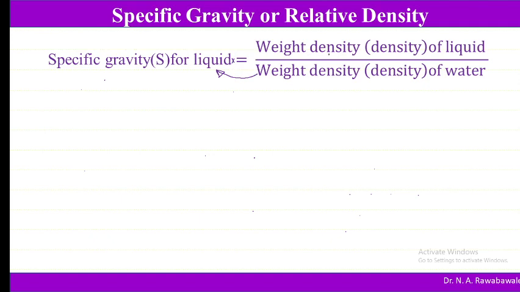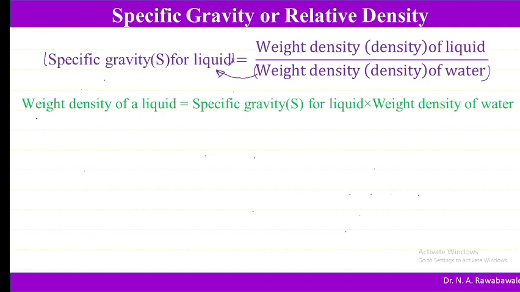So weight density or density of liquid is equal to specific gravity of liquid into weight density or density of water. Just this term which is on the left hand side is multiplied by the denominator, we get the term which is in the numerator. So rewriting this equation as weight density or density of liquid is equal to specific gravity of liquid into weight density or density of water.